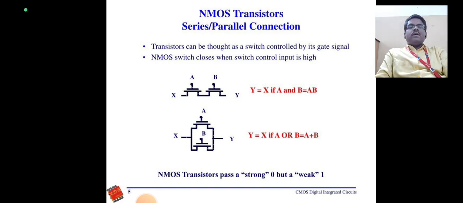If the NMOS transistors are connected in parallel, the output is A plus B, that is the logical OR principle. So this is the NMOS transistor connected in series or parallel combination.